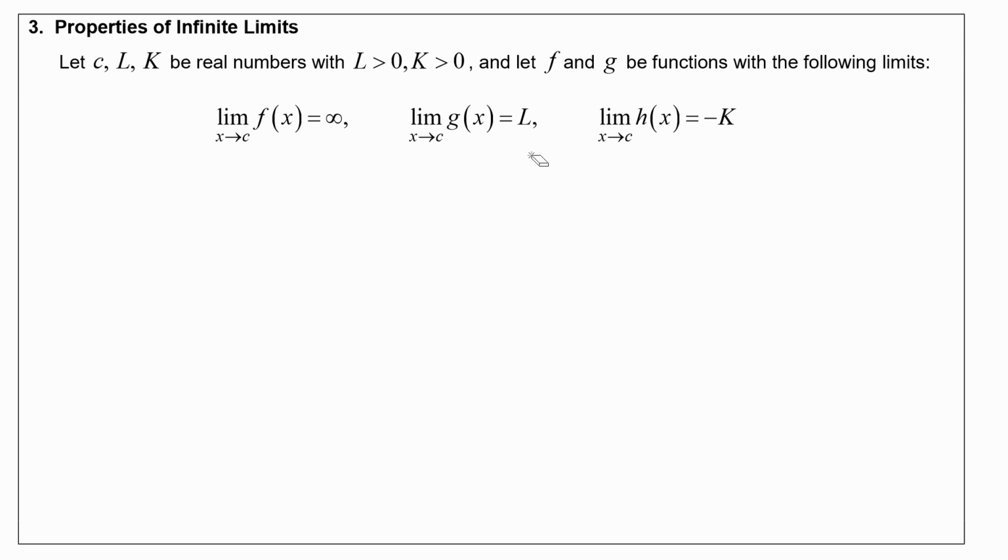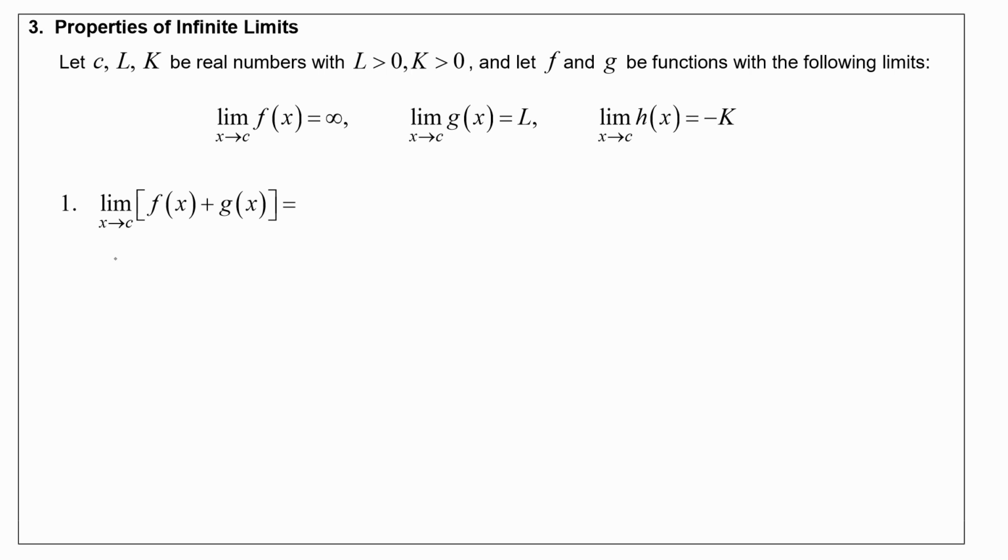The limit as x approaches C of g of x is equal to L, and the limit as x approaches C of h of x is equal to negative k. So remember that L and k are positive numbers, so then this limit is a positive value, then the opposite of k would be a negative value.